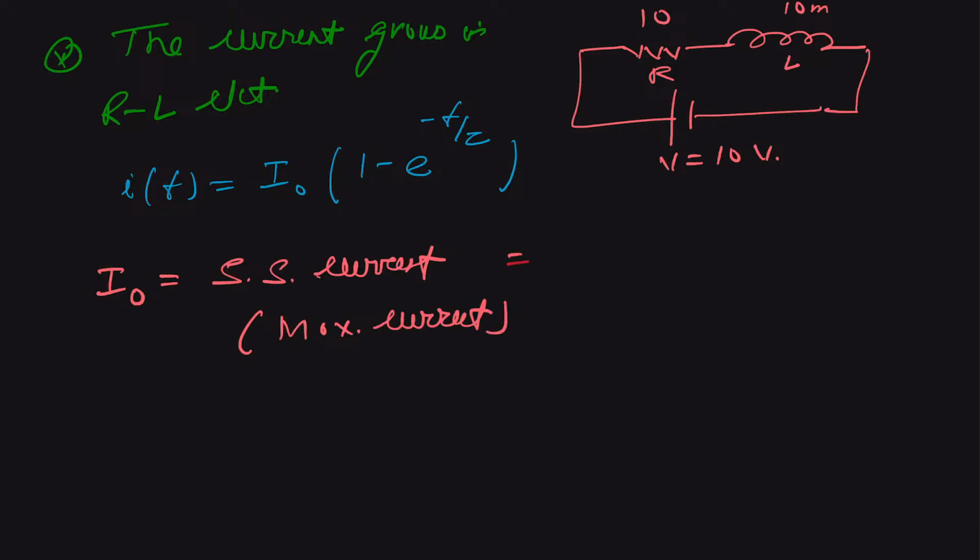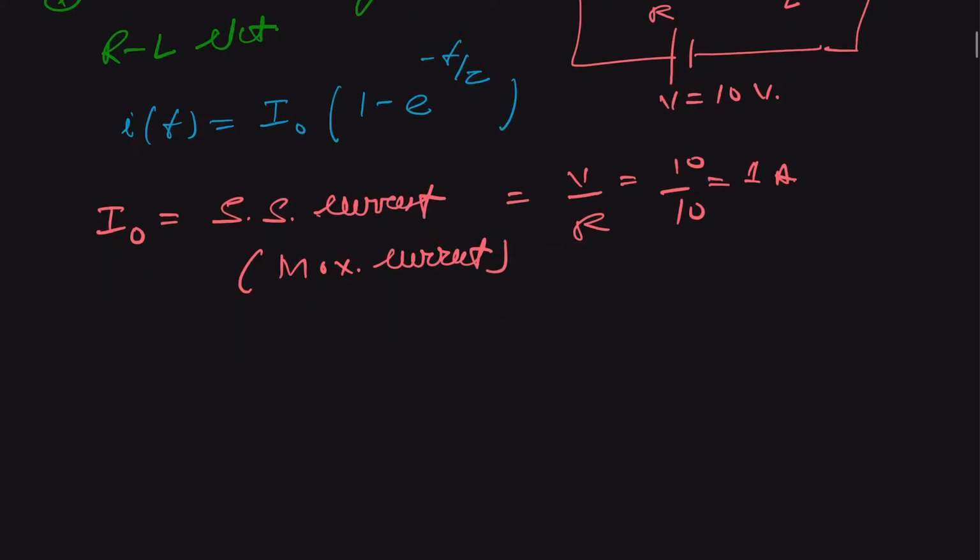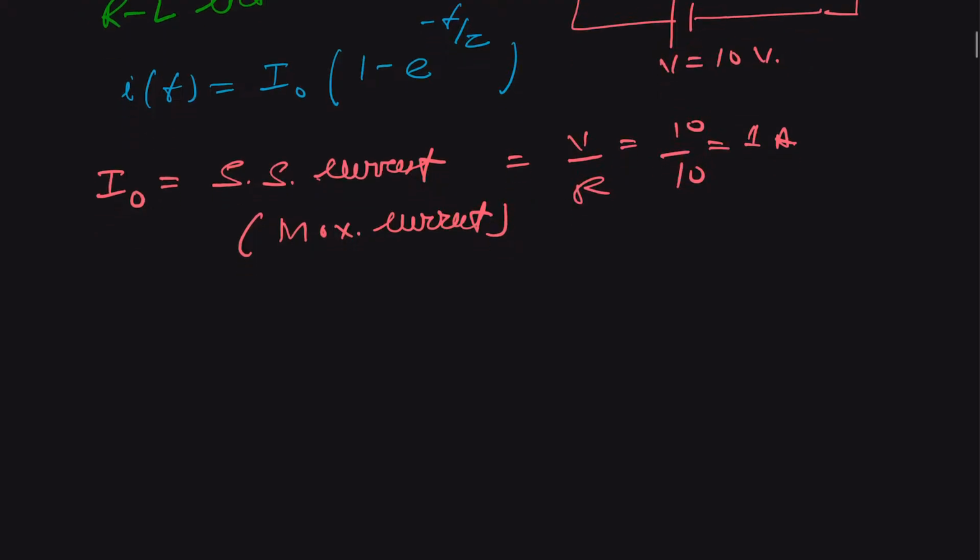And the steady state value of the current, means when time is infinity, the inductor is going to act as a short circuit. Therefore, I naught will be equal to V upon R, and this comes as 10 upon 10, giving us 1 ampere. So this is the maximum value of the current, and tau is our time constant.